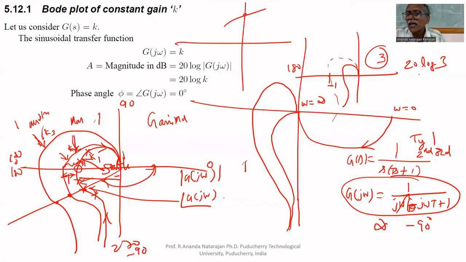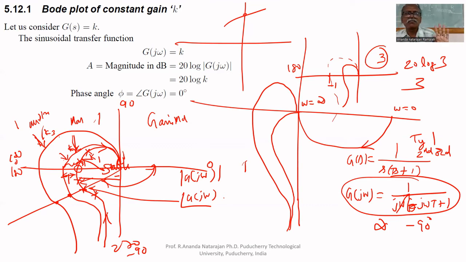In linear scale, 3 is the gain margin, because suppose the present gain is 1, when gain equals 3, it becomes marginally stable, so 3 is the gain margin. Similarly, initially gain is 10. If you increase it to 30, it becomes unstable. How much is it increased? 3 times increased.